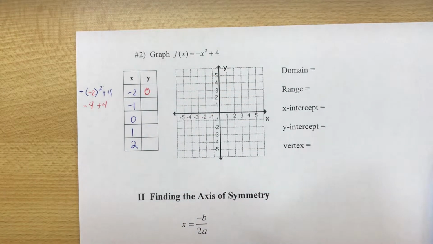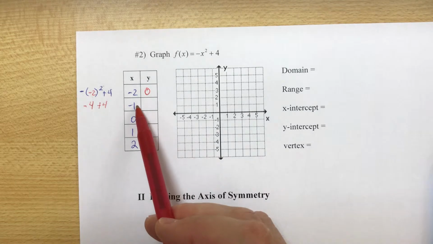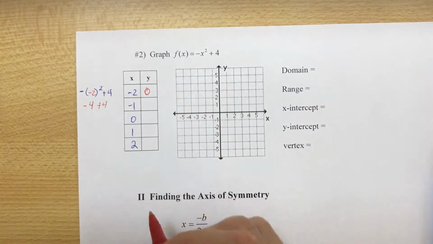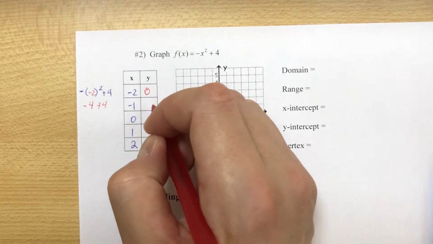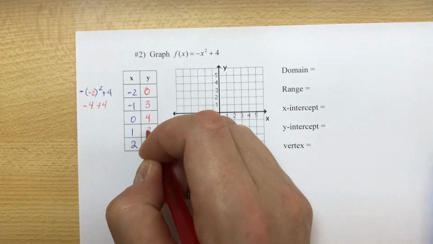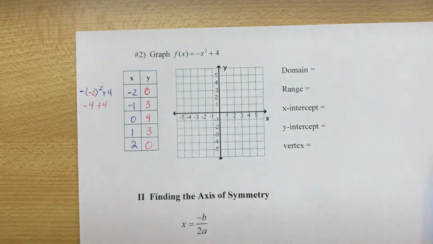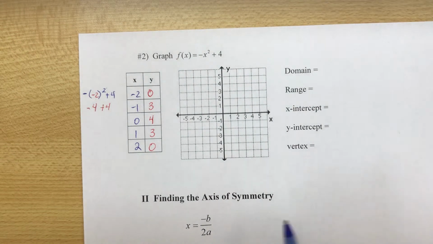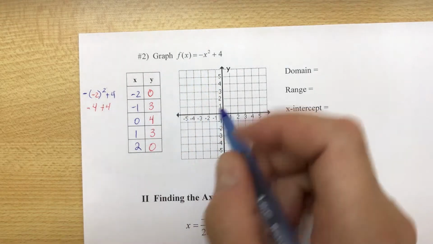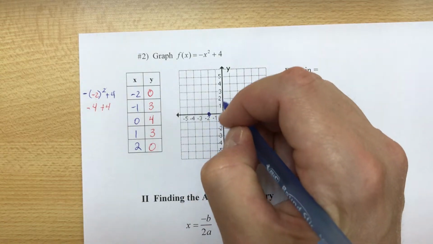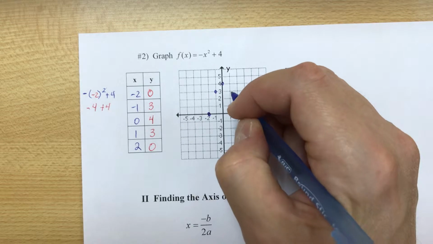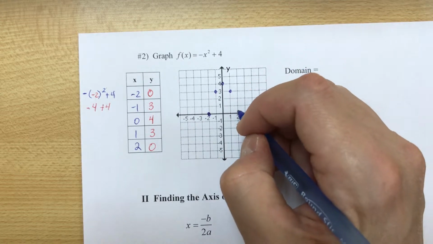Now you can pause this and go ahead and substitute these yourself and see how they work out. But I'm going to tell you that this is going to be 0, 3, 4, 3, 0. So that's how it's going to work out. If you don't trust me, go ahead and plug those in and verify. So -2, 0, -1, 3, 0, 4, 1, 3, and 2, 0.